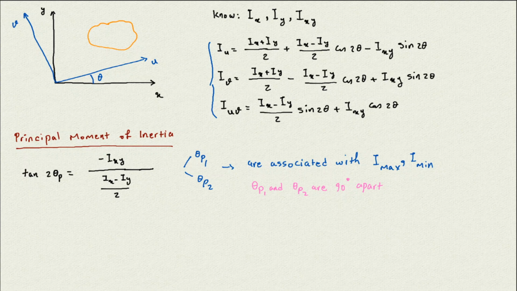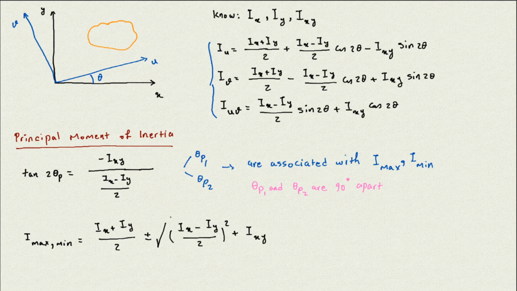And then we have the magnitude of them. So it tells us where it's going to happen, and the magnitude of them, the max and min, is going to be (Ix plus Iy) divided by 2, plus or minus the square root of ((Ix minus Iy) divided by 2) squared plus Ixy squared.